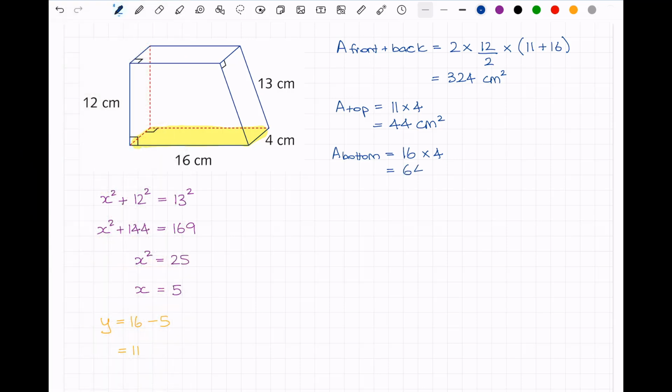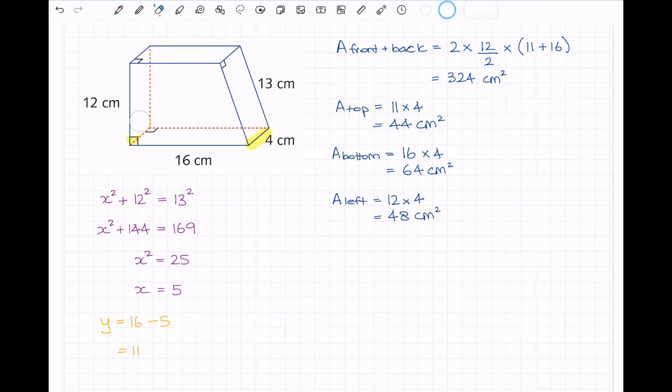So that will be 64 square centimeters. Okay, next we'll do the left side. So this rectangle here. So I'll call that area of the left. And the dimensions of that rectangle are 12 by also 4, because we've got this length here of 4. So 12 by 4, that will be 48 square centimeters.